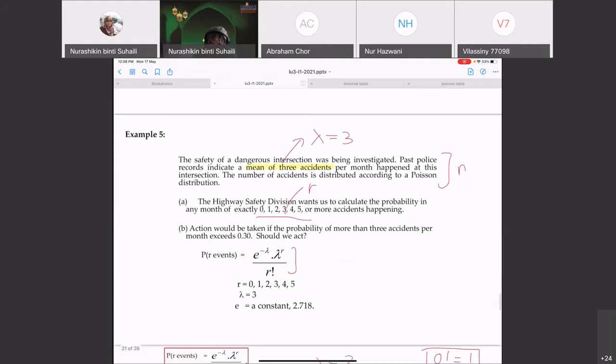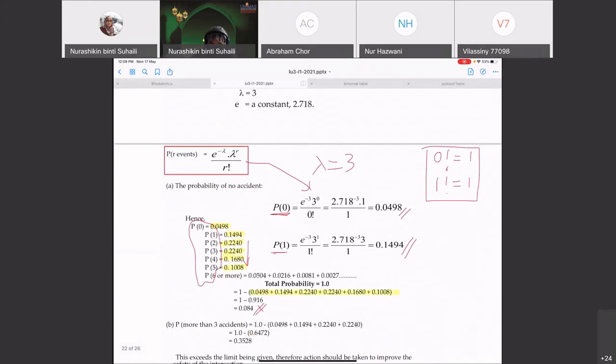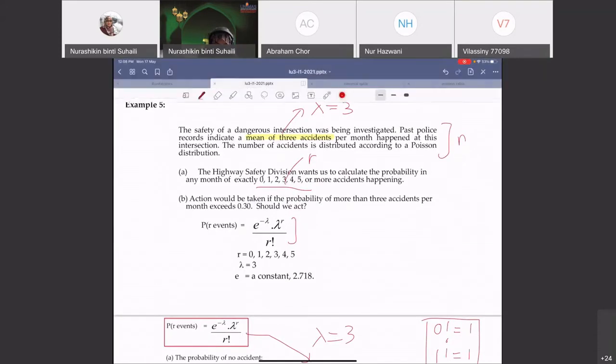So we have to find first the probability of more than 3 accidents, and then the second step is to check whether it exceeds 0.3 or not.